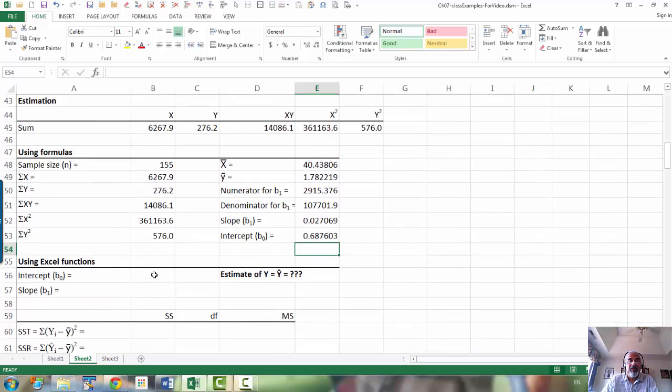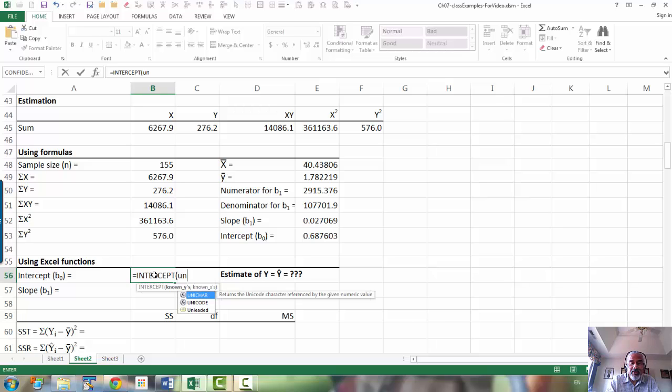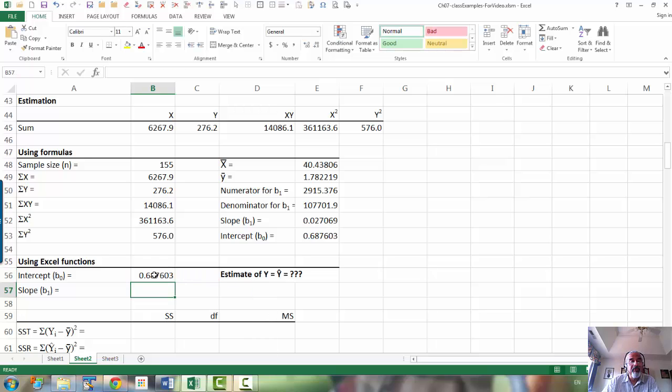And of course we could do this using the INTERCEPT function, y range first, so unleaded, and then L1 crude will give us the y-intercept, and then SLOPE with y range and x range gives us that.